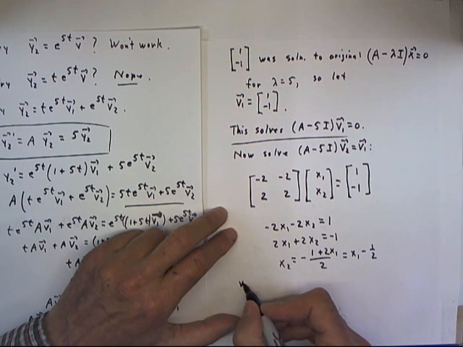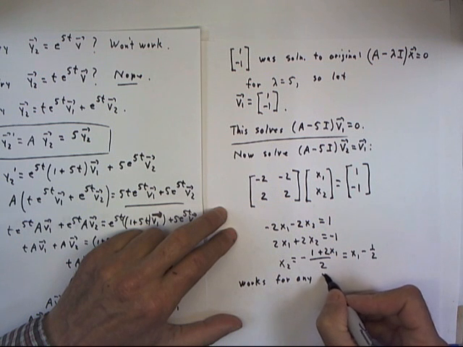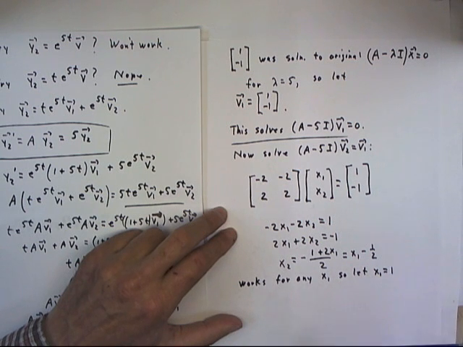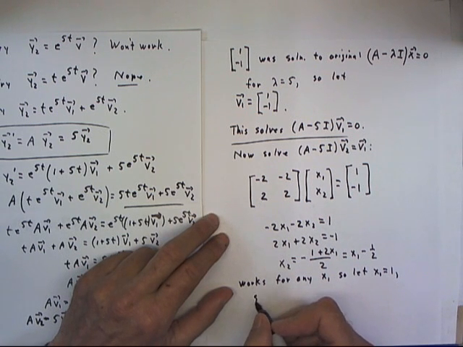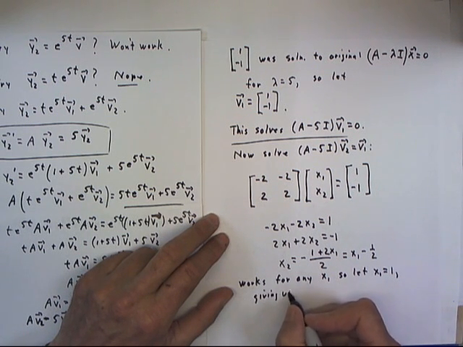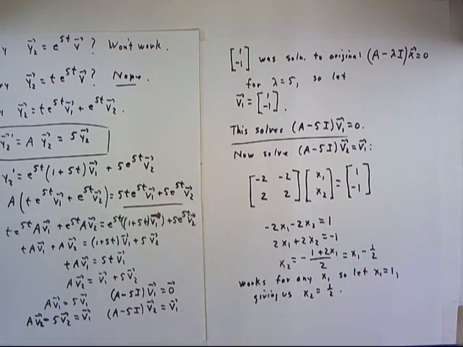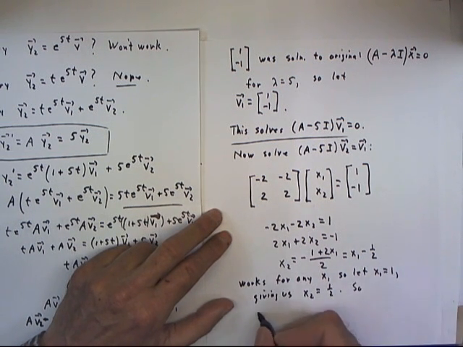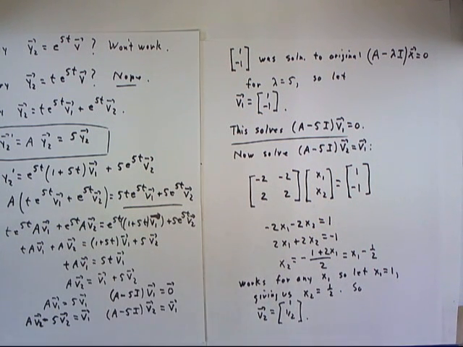That's going to work for any x1 we might want to choose. So we might as well let x1 equal 1. And that gives us x2 equals -3/2, meaning that our v2 vector is (1, 1/2).